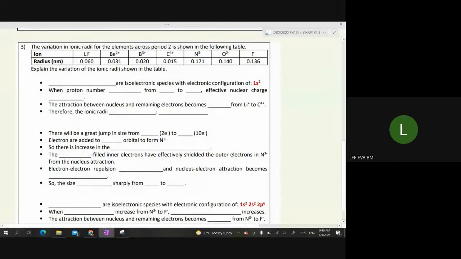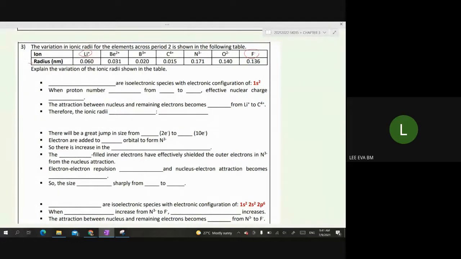Okay, so we are giving lithium positive until fluorine negative. So if you can see over here in the radius column here, 0.060 until 0.136. So what happened? Increasing.